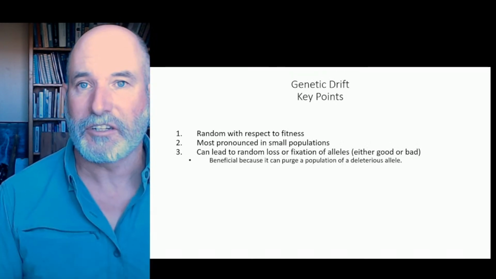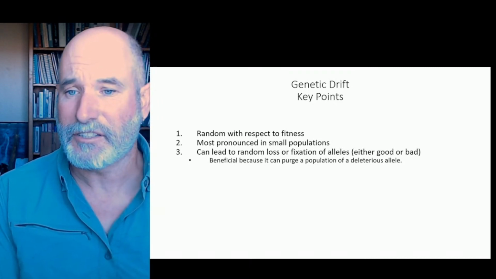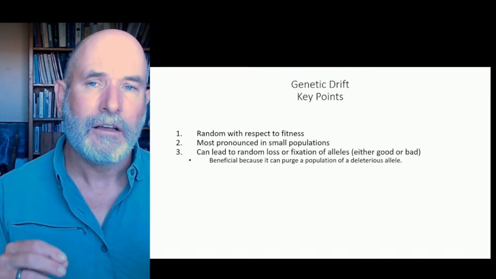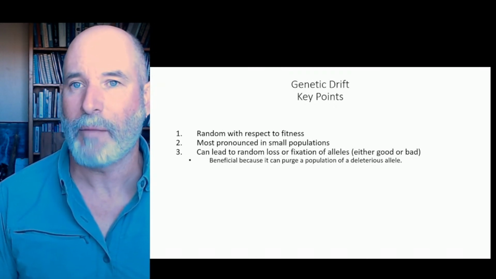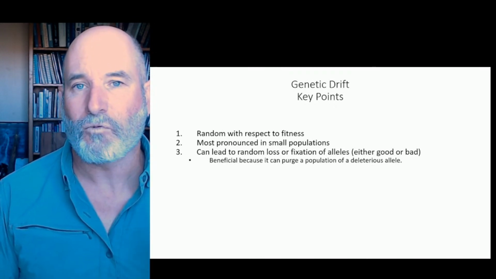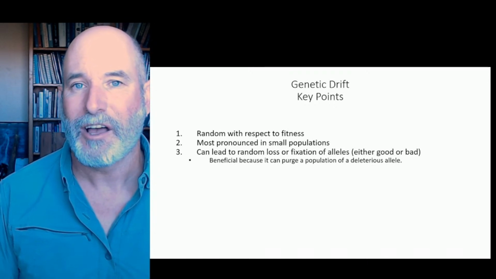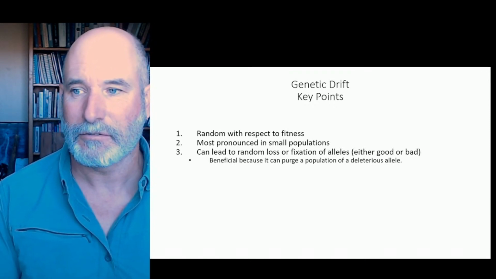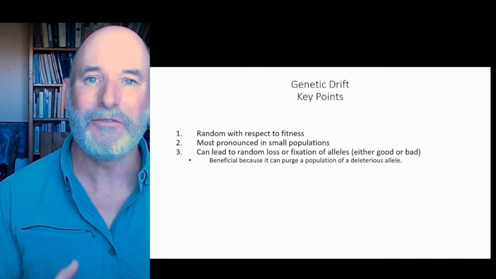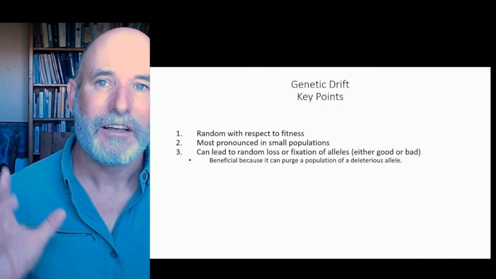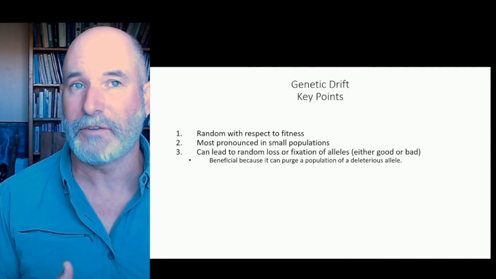Now, interestingly, and I usually ask this on a test, genetic drift can be beneficial to a population if it randomly removes a deleterious allele. If you purge yourself of deleterious alleles, then you've actually increased the fitness of the individuals in the population.